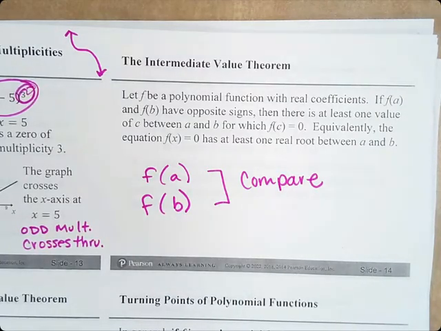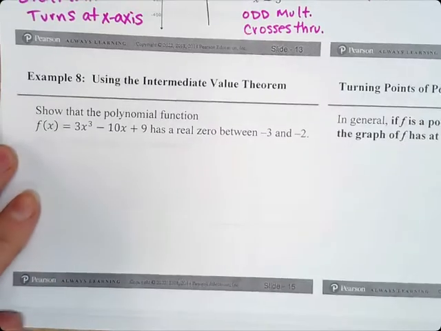If they're different signs, that means at some point it went through the x-axis. If they're the same sign, then that means that it didn't go through the x-axis. So let's look at the next one.